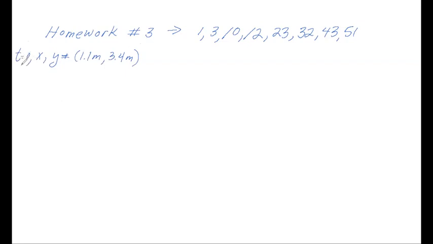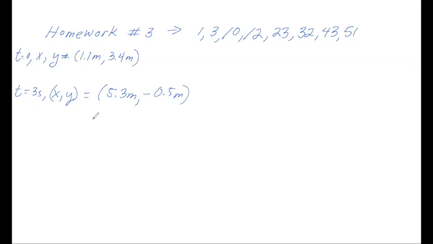At time t equals 3 seconds, X and Y equal 5.3 meters and negative 0.5 meters, respectively. For this time interval, find A, the components of the average velocity, and B, the magnitude and direction of the average velocity. Here we go.